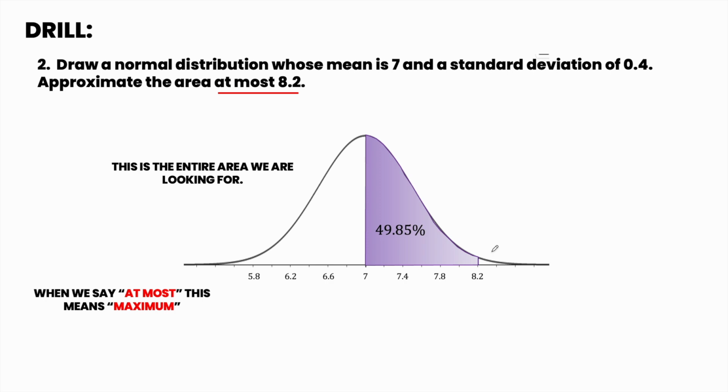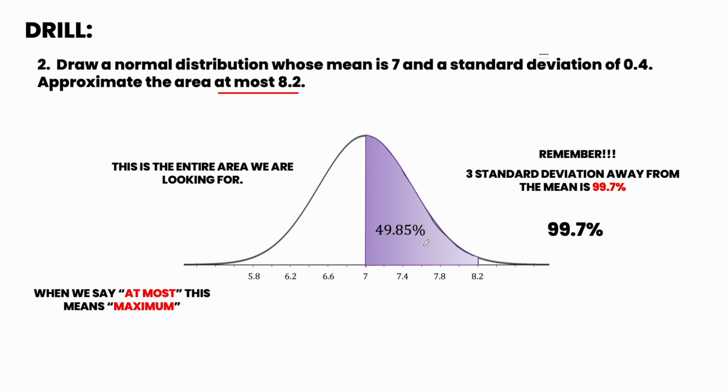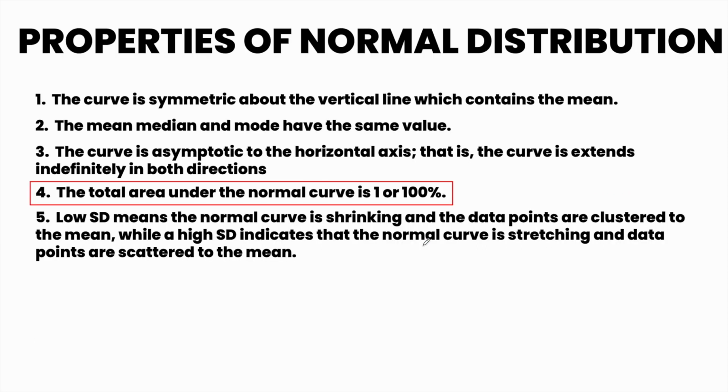Now, this is 49.85%. Why? Remember, 3 standard deviations away from the mean is 99.7% based on the 68, 95, 99.7 rule. So this is 3 standard deviations away. Why is it 49.85? We have to divide the 99.7% by 2, and the result is 49.85%. And the total area under the normal curve is 1 or 100% based on property number 4.